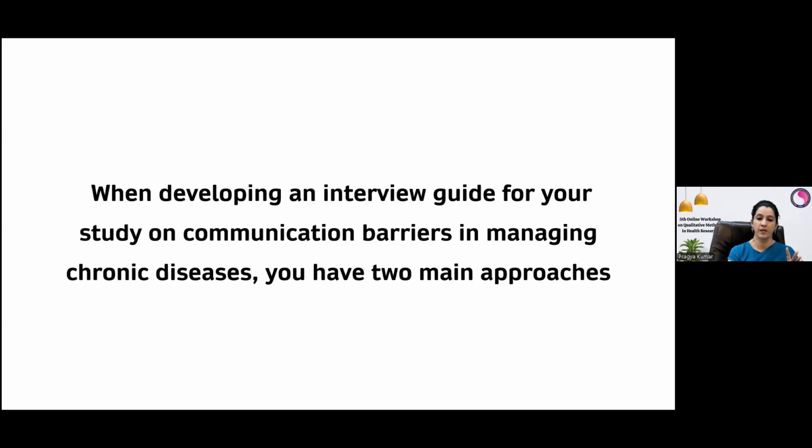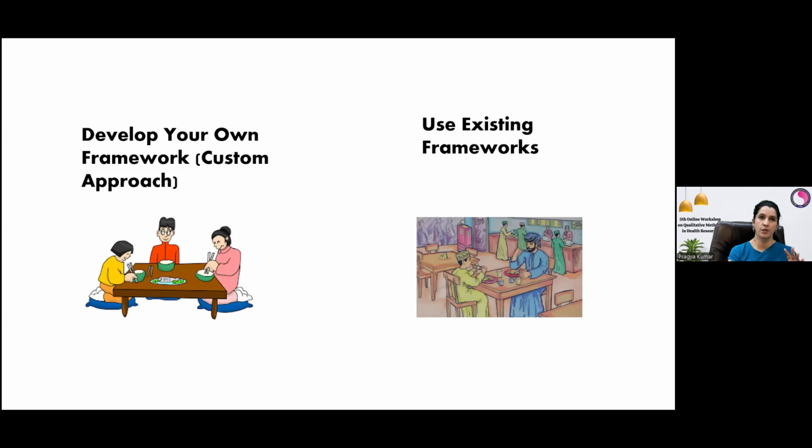This is the same. So whenever you develop an interview guide for your study on communication barriers, then you have two main approaches. The first thing is you can develop your own framework. Like what we did, we developed our own framework. Or you can use an existing framework also. There are some existing frameworks related to patient communication.